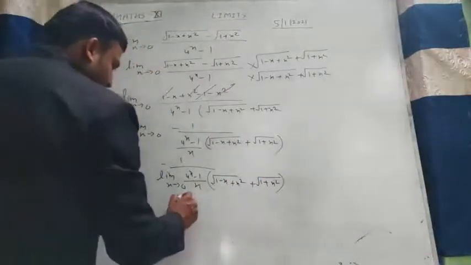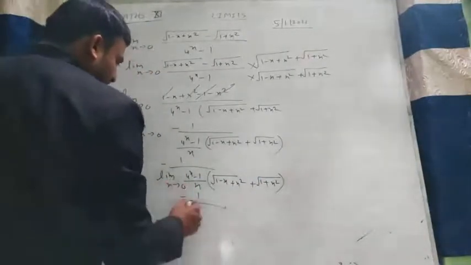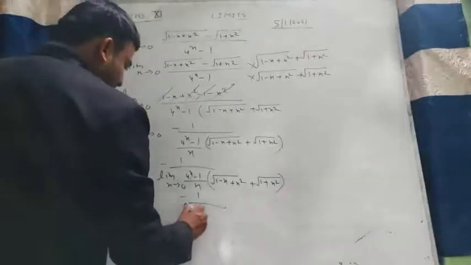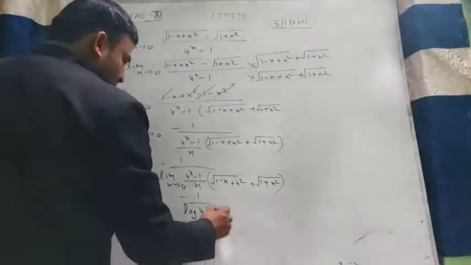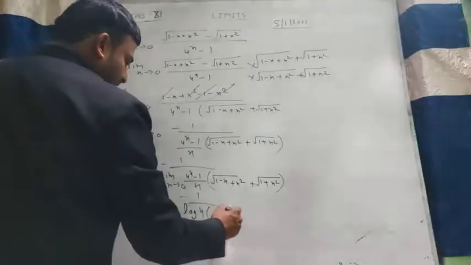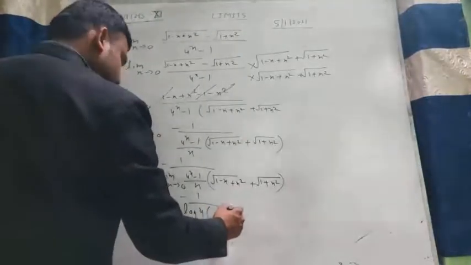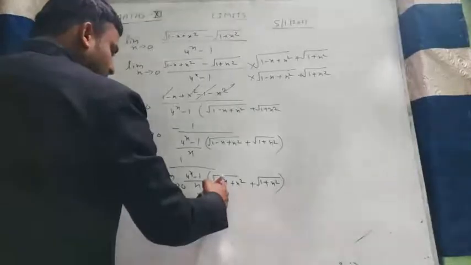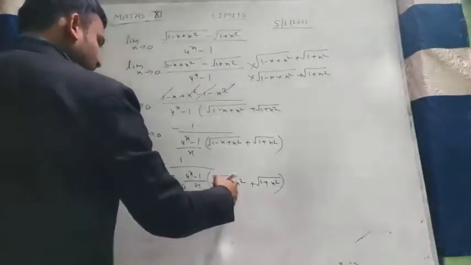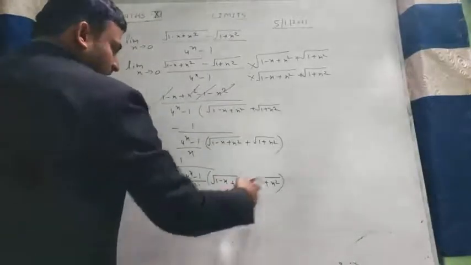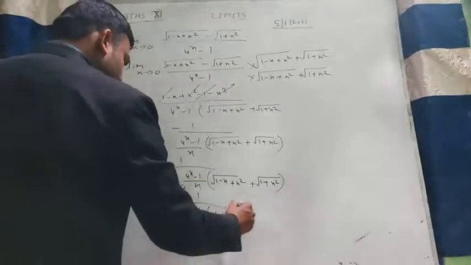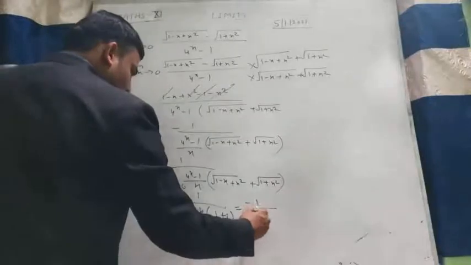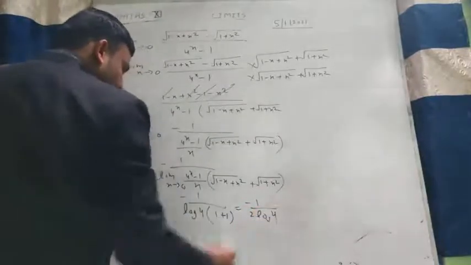Okay, so minus 1 by this part is log 4, and when we are putting the limit here, we get root 1 plus 1, this is 1, this is 0, this is 0, this is 1, and here we are putting 0, so we are getting 1. Okay, so we are getting minus 1 by 2 log 4. Okay, student.